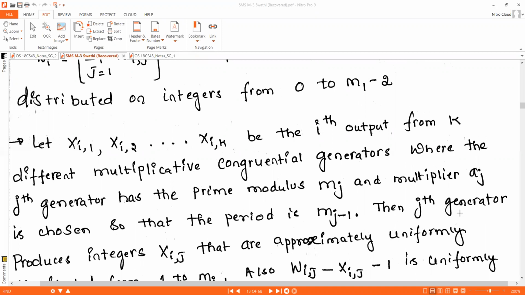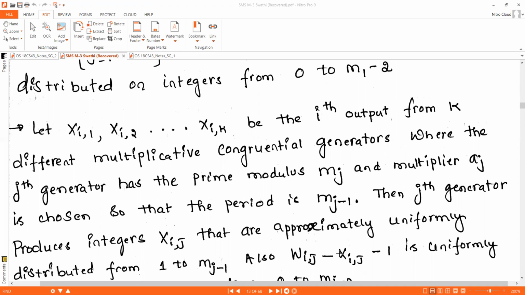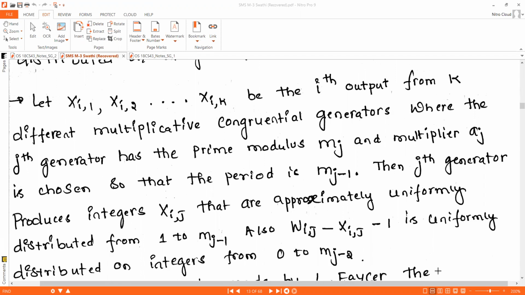Then the jth generator produces the integers Xi,j, approximately uniformly distributed from 1 to mj minus 1, and also Wi,j equal to Xi,j minus 1 is uniformly distributed on the integers from 0 to mj minus 2.